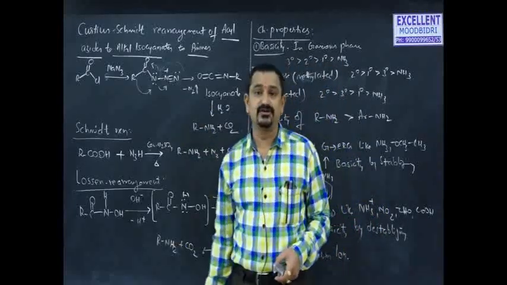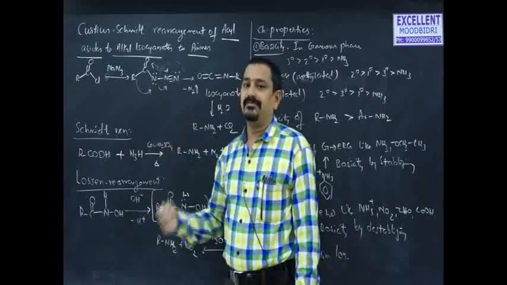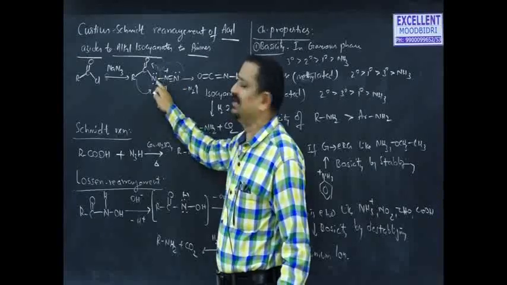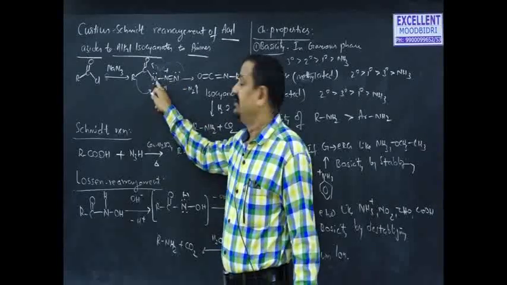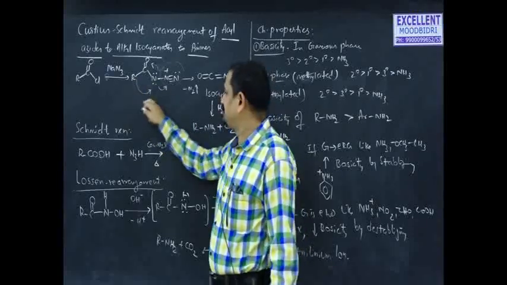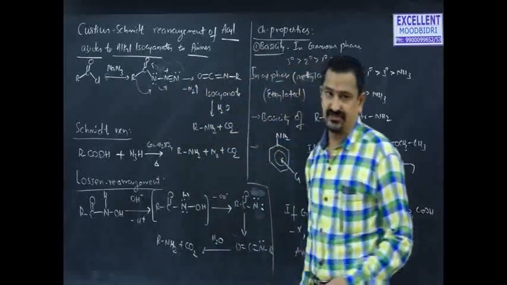So whenever this N2 plus is there, our reaction becomes easier. It leaves the site, developing an electron deficiency here. Whenever there is an electron deficiency, the corresponding alkyl group will be shifted here to compensate for that. That is what happens, and again isocyanate is formed.